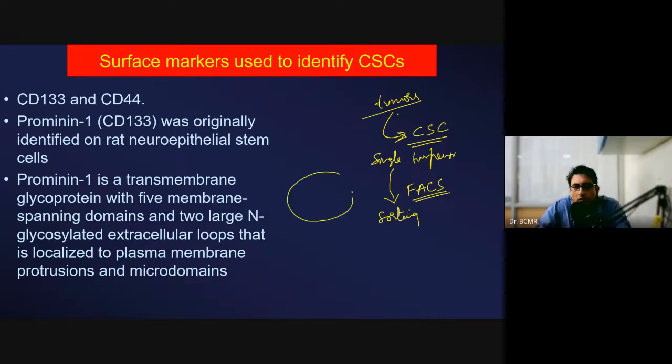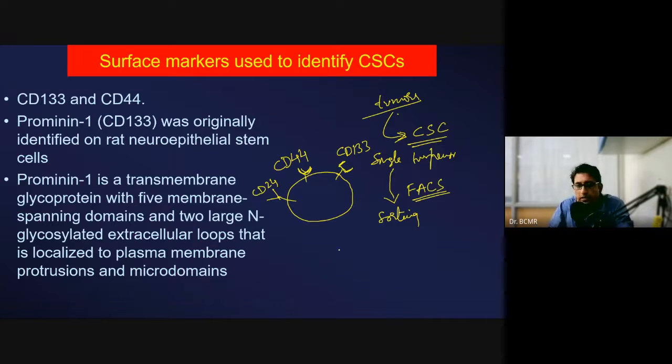It is not specific for cancer stem cells. So we know that different cells have different cell surface markers, right? They can be of different shape. I hope you know from biology cluster designation CD44 or CD133, CD24. These are some of the cell surface markers that are present on cells.